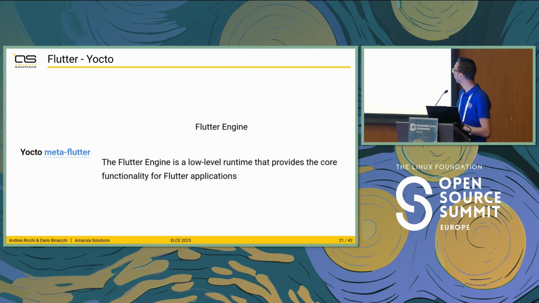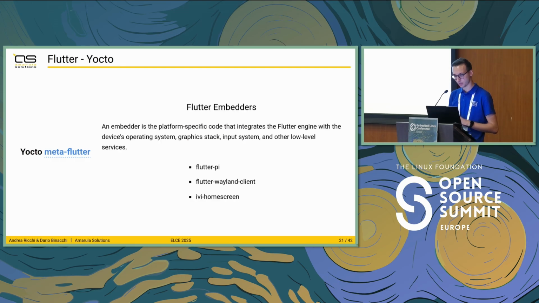You can imagine the Flutter engine as the piece of code that sits between the base operating system and your application and handles all of Flutter's functionality. Then there's the Flutter embedder, and the Flutter embedder is the piece of code that opens your application bundle and integrates the functionality to visualize the application.